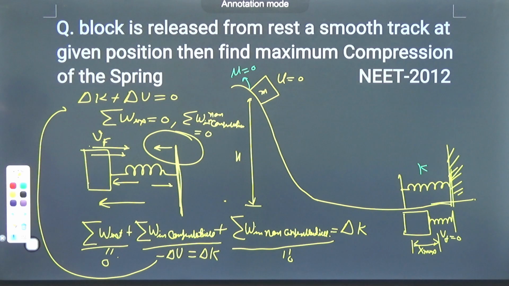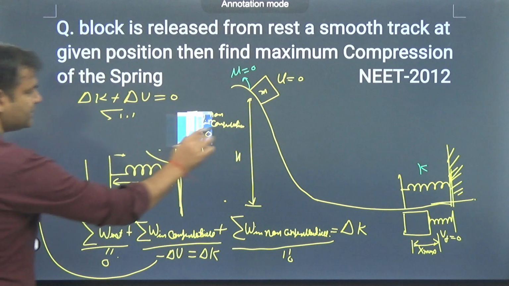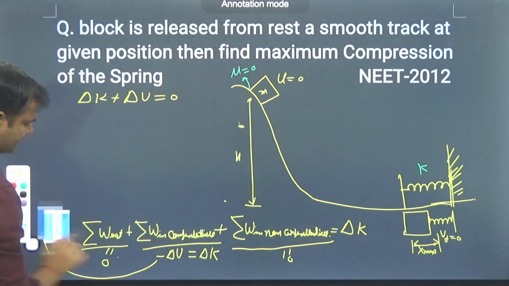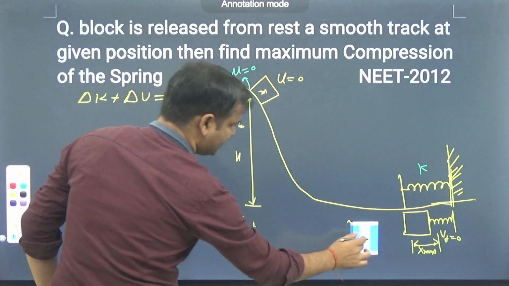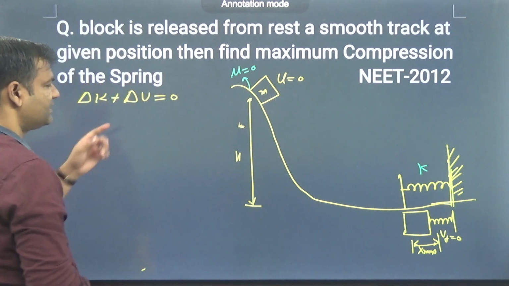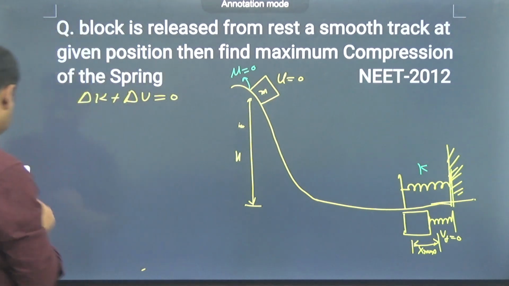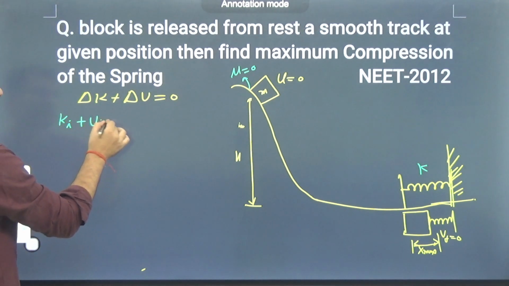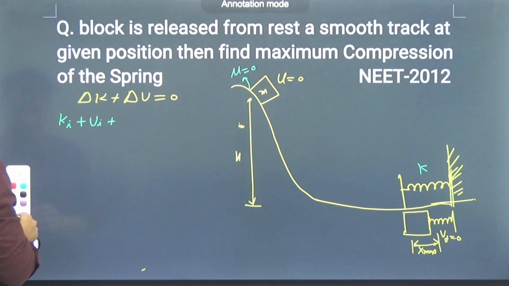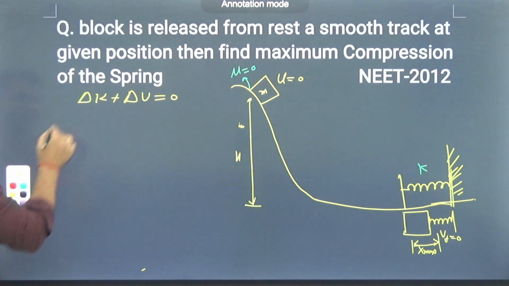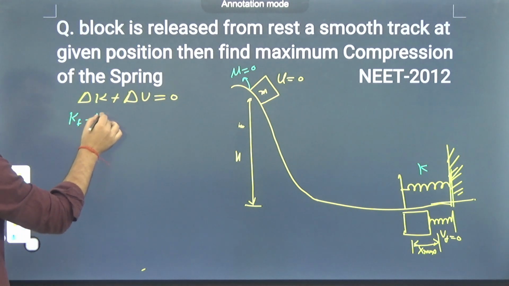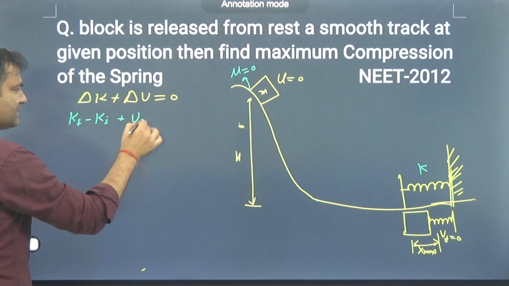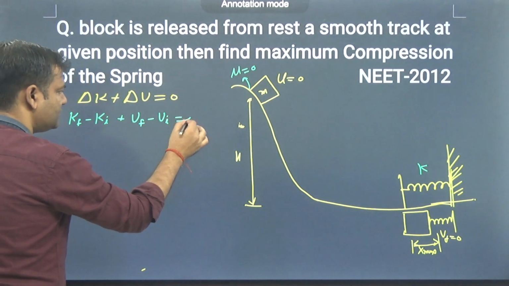So we focus on the question now. Why is this statement written here? You can say that Ki plus Ui equals Kf plus Uf, because delta K means final minus initial, and this is written as equal to 0.